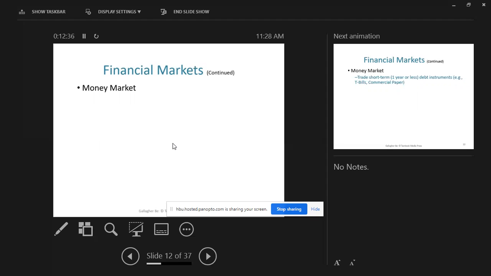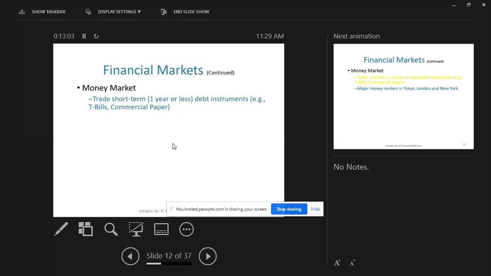Financial markets can be divided into the money market and the capital market. So what is a money market? Money markets are short-term instruments, less than 1 year.